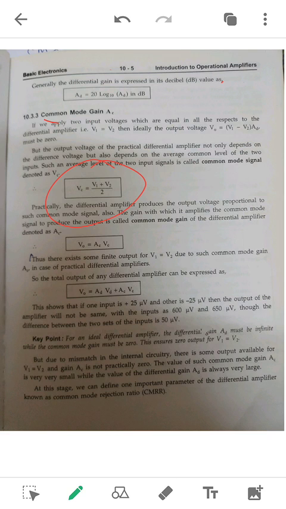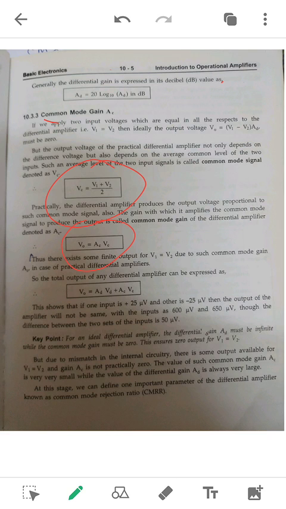So the common mode gain, denoted as AC, gives the output voltage V0 equal to AC multiplied by Vc, the product of AC and Vc, where Vc is the average and AC is the common mode gain.